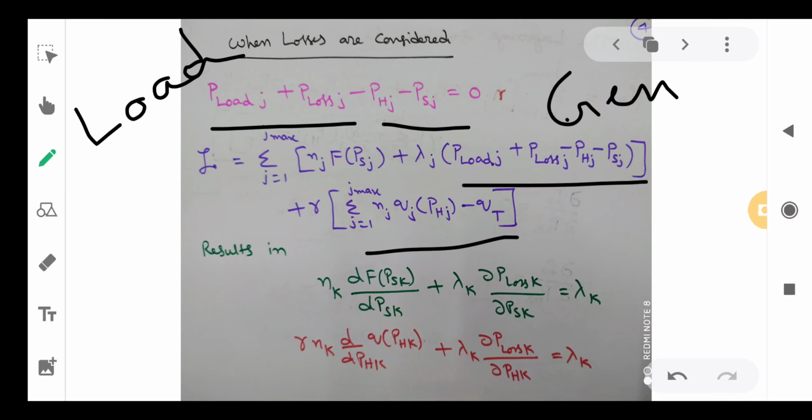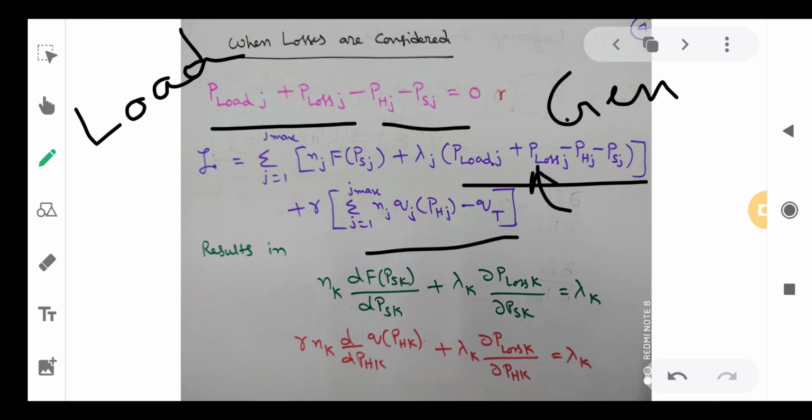Like in previous equations, we formed the Lagrangian function, now including the line losses. This term is additional.